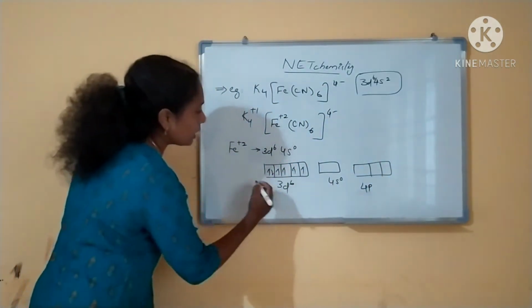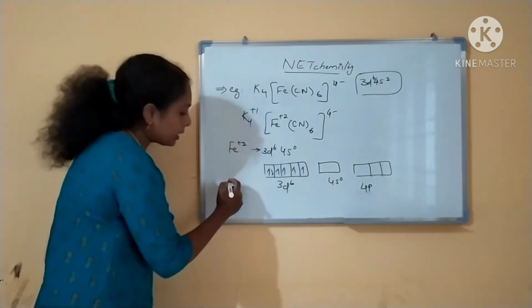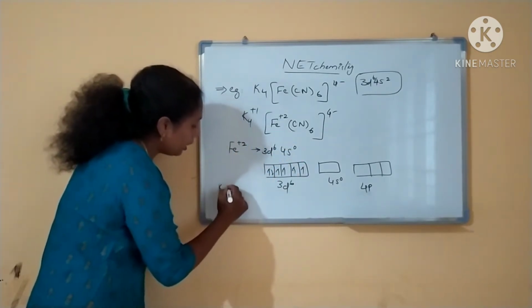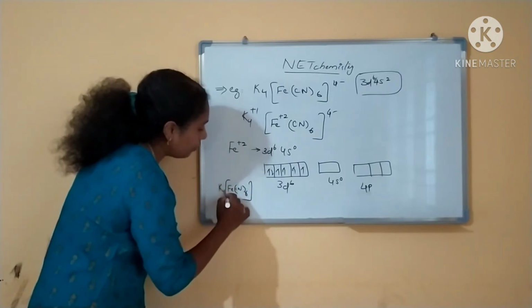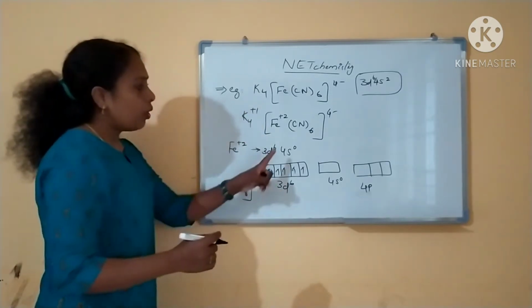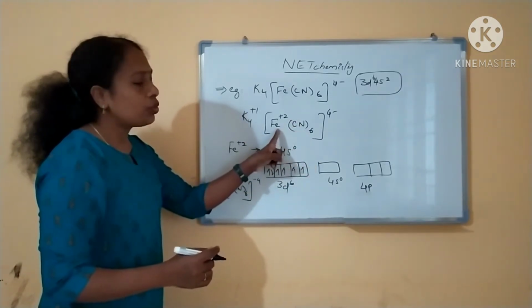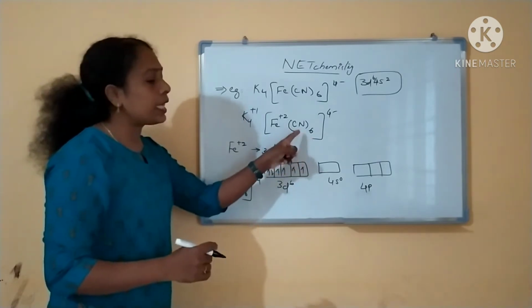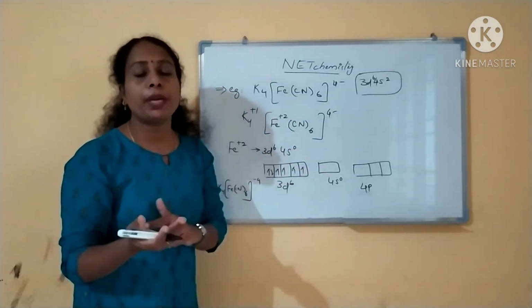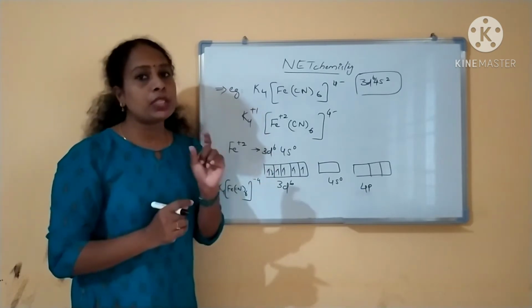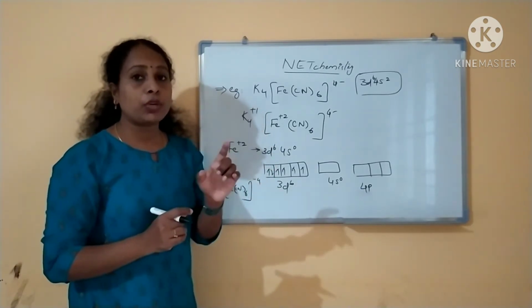3d has 6 electrons, and if you see the complex case, K4[Fe(CN)6], what is the ligand attached to the ion? CN, cyanide ligand. Cyanide is a strong ligand. How do you predict the strength of a ligand? Based on the spectrochemical series. What is the spectrochemical series?